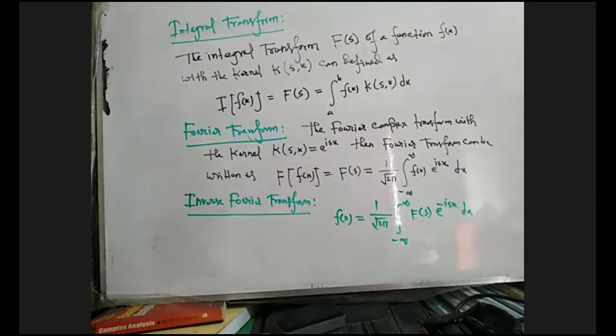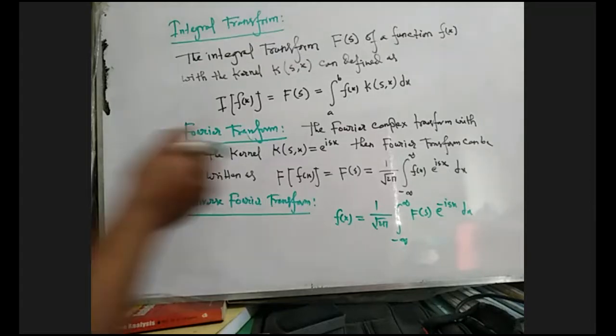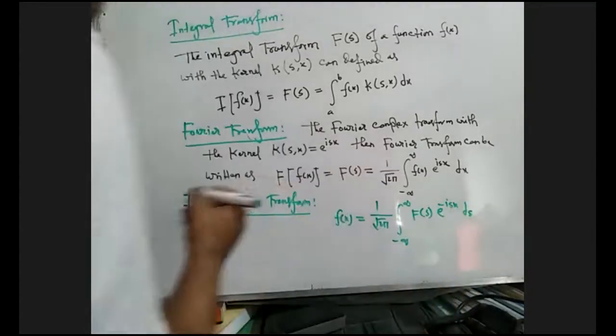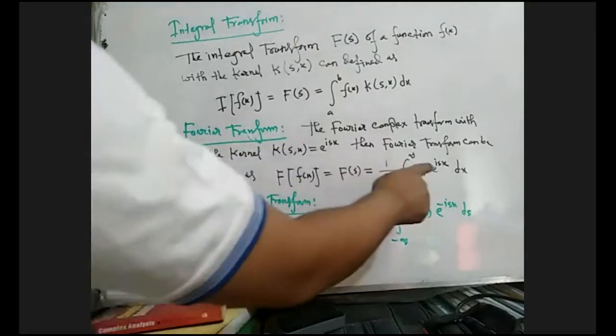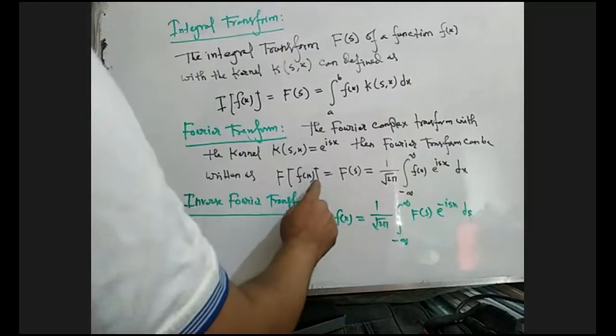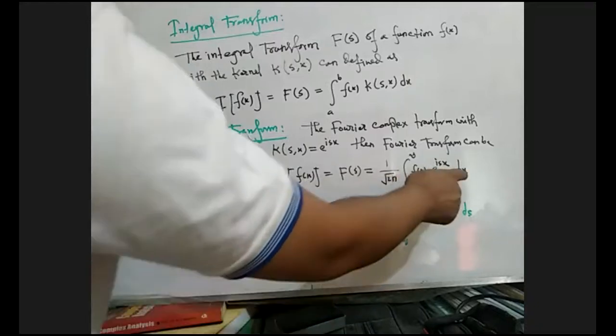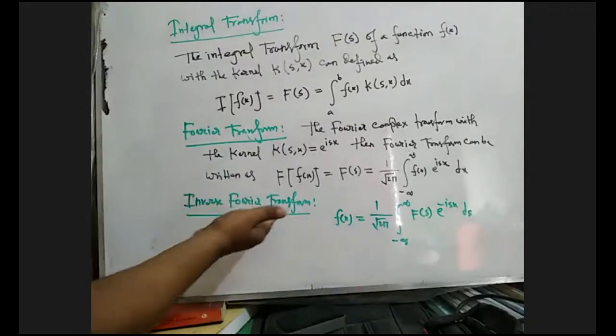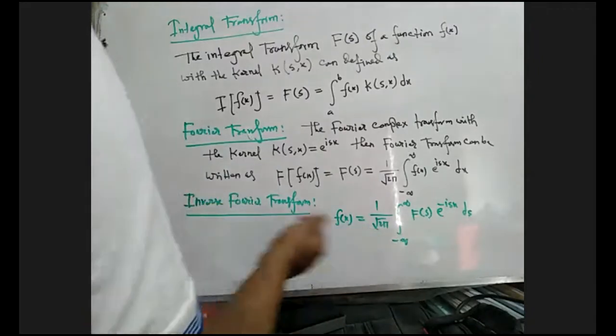For the kernel e to the power isx, remember it, this will be ds, the parameter, not dx. For the Fourier transform, we get e to the power isx with respect to dx, the original independent variable x, but here it is with respect to the parameter. So the inverse Fourier transform can be written with this formula.